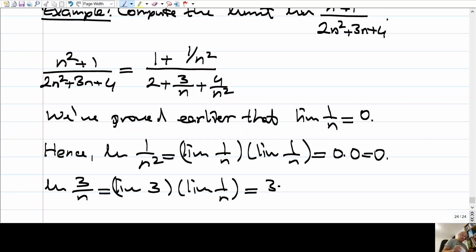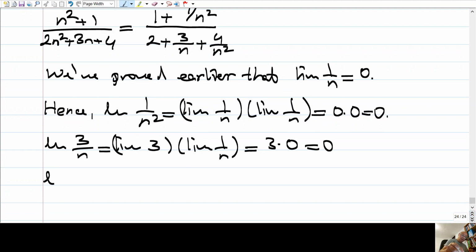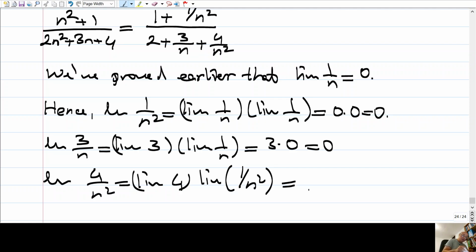And the limit of 1 over n is 0, so this is 0. The limit of 4 over n squared is the limit of the constant sequence 4 times the limit of 1 over n squared. We already proved that the limit of 1 over n squared is 0, and this has limit 4, so this is 0.